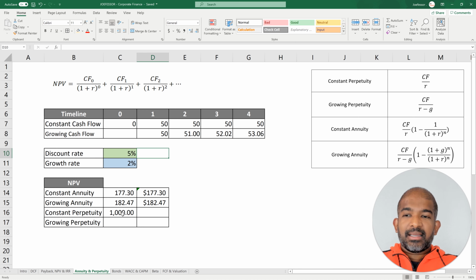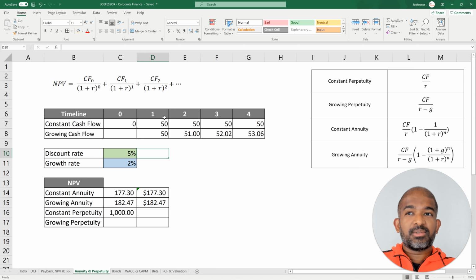Think about the further down in the future you expect your $50, it's worth less and less to you, right? The $50 you get at the end of year 2 is worth less to you as compared to the $50 you get at the end of year 1, and so on, right? The $50 you receive at the end of year 20 or year 100 might be worth almost nothing to you, right?